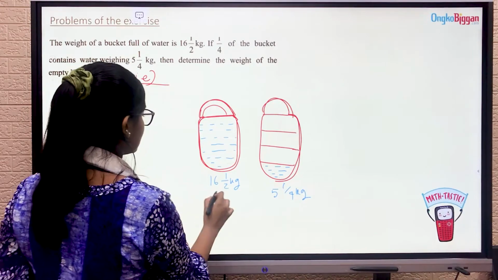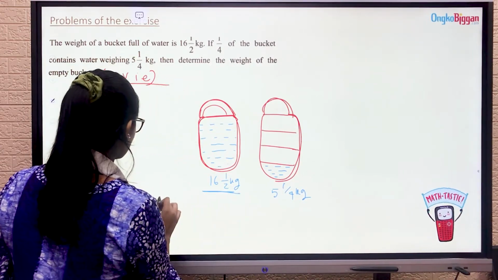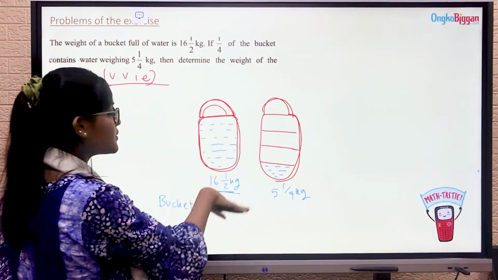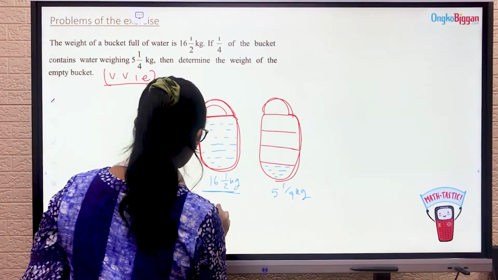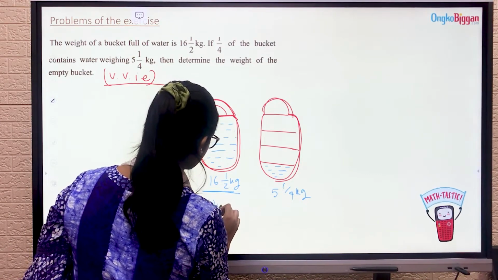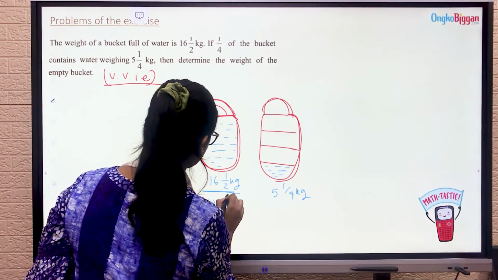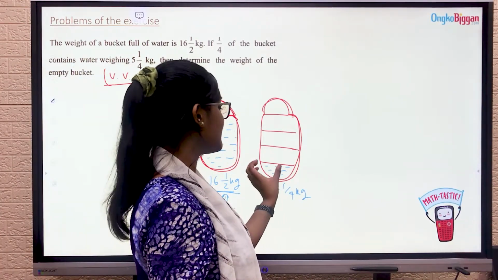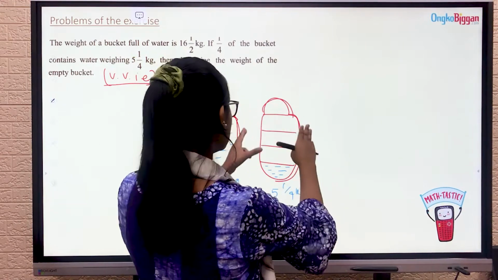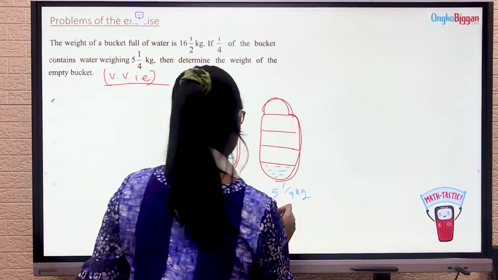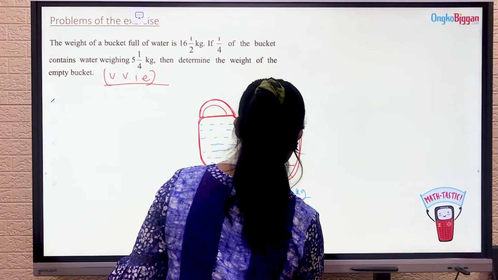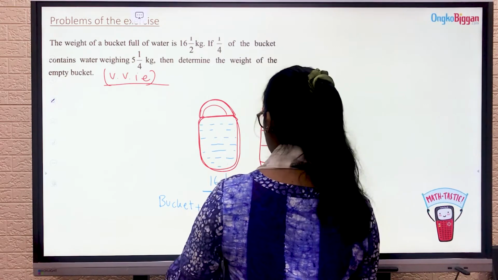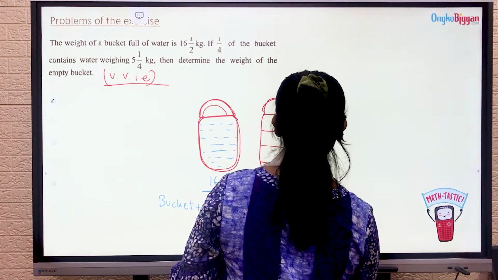In this case, the empty bucket plus the whole portion of water equals this kg. Again, for this case, we have just this amount of water, and it also includes the weight of the bucket. So the bucket plus 1/4 portion of water equals this.